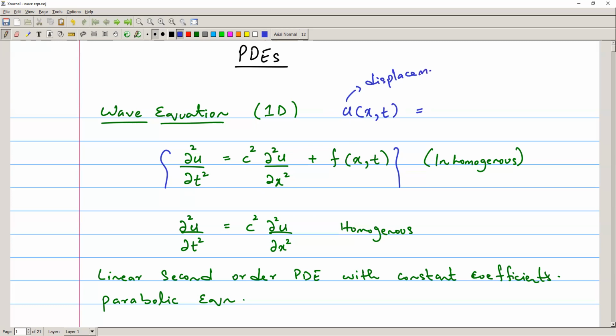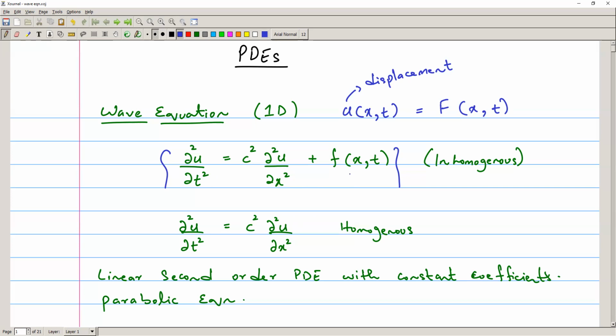So it's given by some function of x and t. All right, so we are going to solve this problem to find the displacement at any time and any position in the string.